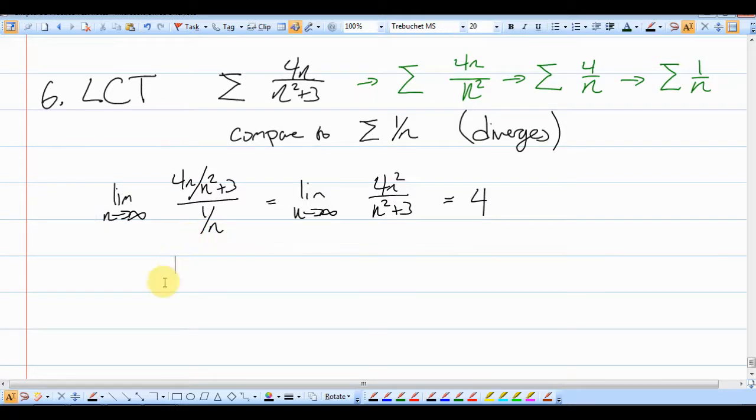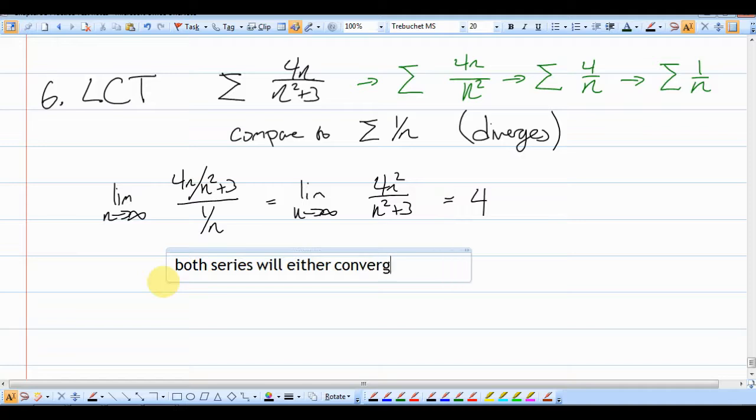Let me type this. Both series will either converge or diverge. In other words, both series do the same thing.